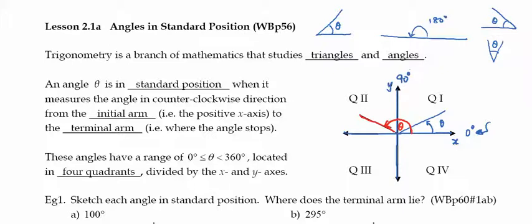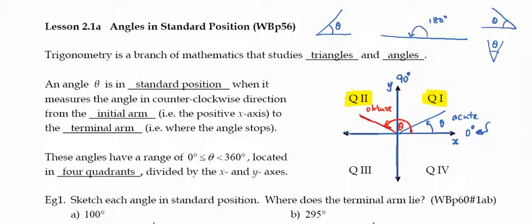When we have an angle that is less than 90 degrees, like the one that you see here, in quadrant number 1, we call it an acute angle. But if this angle goes beyond 90 degrees, we call it an obtuse angle. An obtuse angle will have your angle go all the way to the second quadrant.